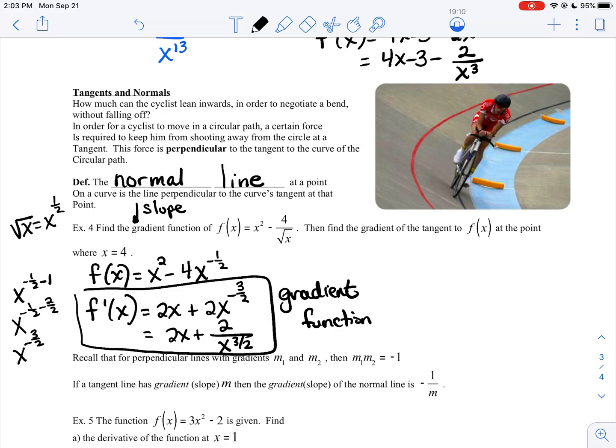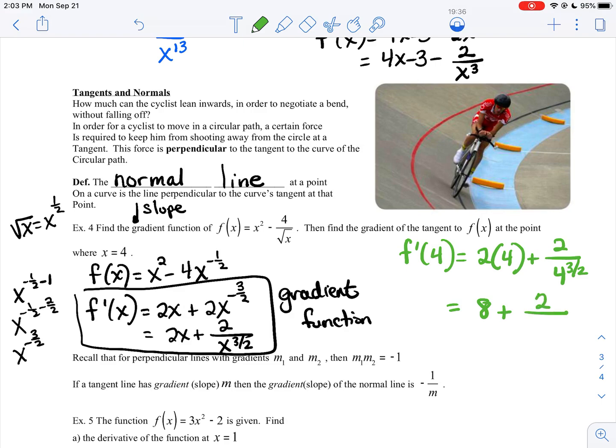All right, now it says find the gradient of the tangent to f of x at the point where x is 4. Oh, okay. So all that means is do f prime at 4. So that's 2 times 4 plus 2 over 4 to the 3/2 power. So you get 8 plus 2 over.